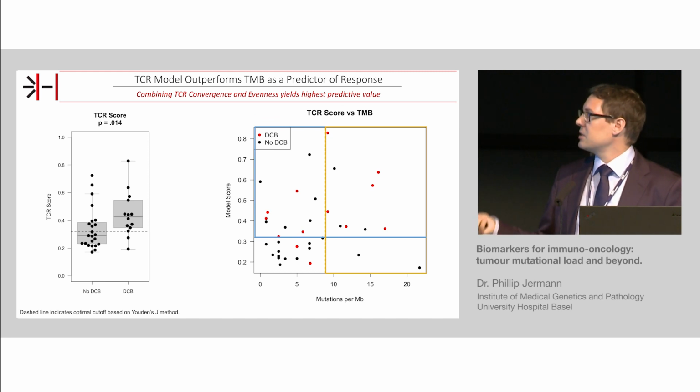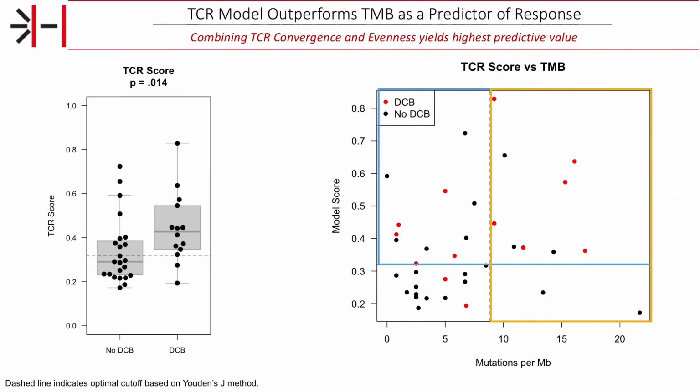Again, if we compare it to TMB, where those are the ones that we identify. Now, if we look at this TCR score, we actually identify everything that is identified by TMB, but TMB, in addition, includes those 2 non-responders. So actually, the performance here is better than what we see for TMB.